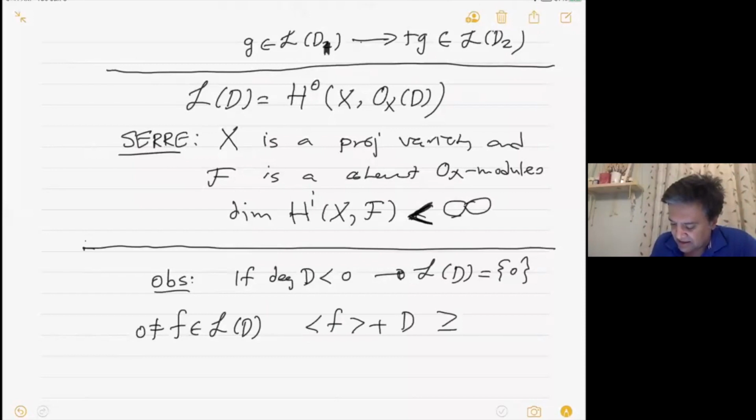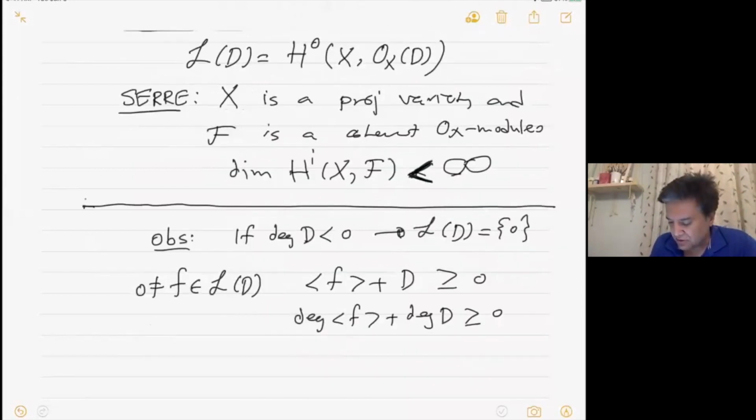And that means that the degree of this divisor must be positive. But we know the degree of a principal divisor is 0. So the degree of D must be positive. So that means that if the degree of D is negative, there is no such non-zero f inside L of D, and L of D must be trivial.